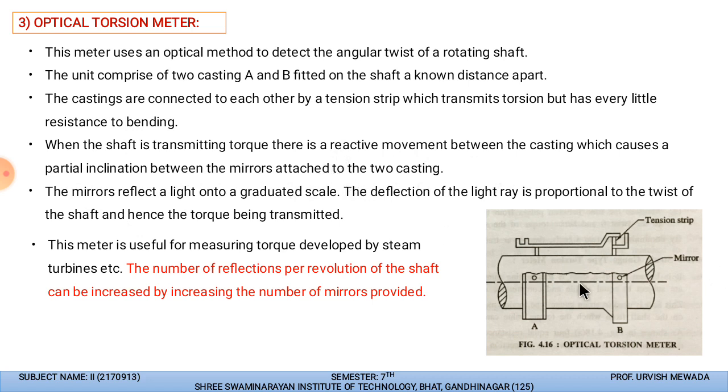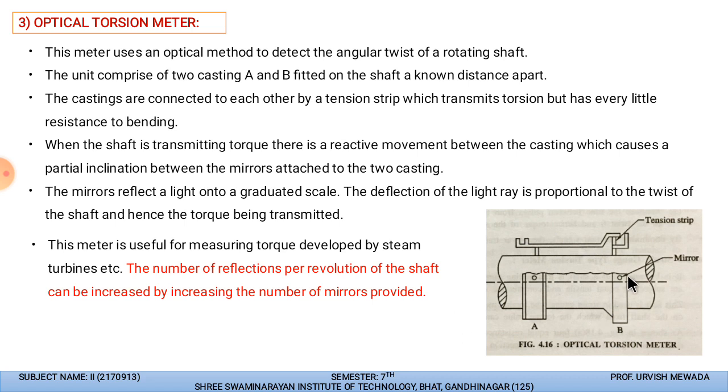Whenever the shaft rotates, we can see the partial inclination between these two mirrors due to the resistance of the twisting. The mirror reflects the light onto a graduated scale, and the deflection of the light ray is proportional to the twist of the shaft, and hence the torque is measured.